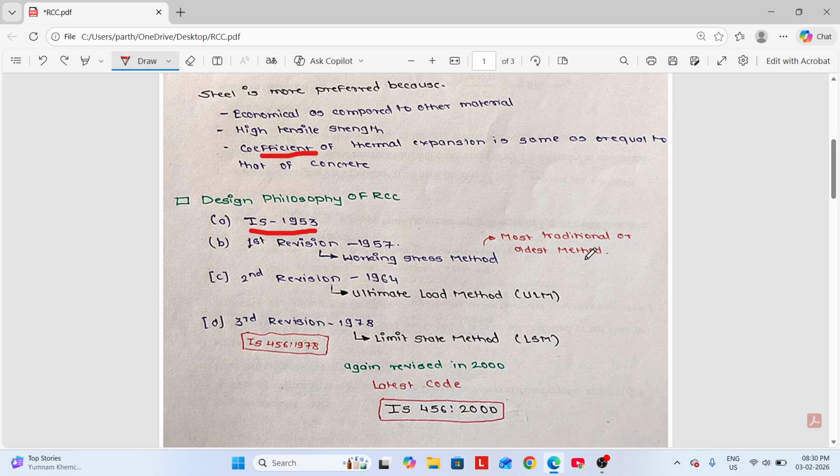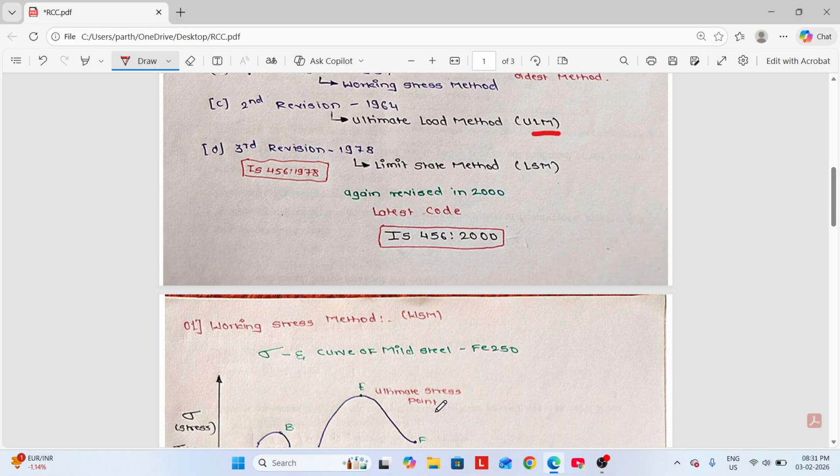It is the most traditional, or oldest, method which we use. Then it was revised in 1964, and was named the ultimate load method, or ULM method. Then the third revision was done in 1978, and after this revision the name became the limit state method. Then it was revised again in 2000. So the code we are now using is IS 456:2000.